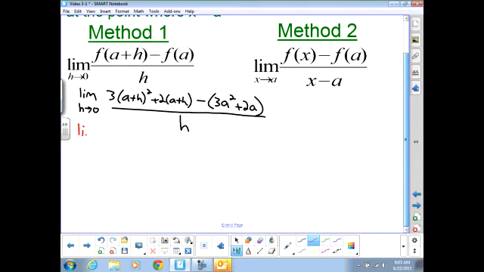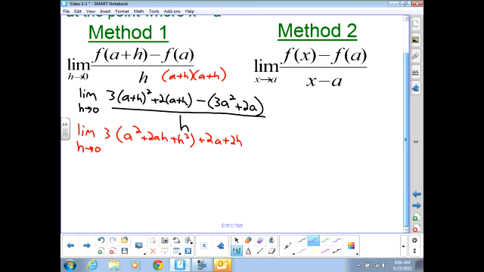Well, we'll have the limit as h approaches 0. If we FOIL out a plus h times a plus h, because that's what it means to square something, we'll end up with a squared. We'll get 2 ah's plus h squared. We'll distribute the 2, and we'll get plus 2a plus 2h.